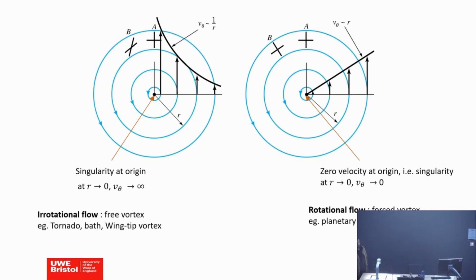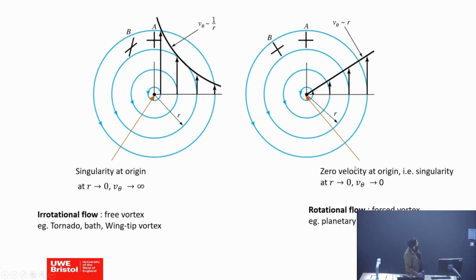That's not physical, so very close to the origin we have a singularity as well. Examples of irrotational flows are things like a tornado, a bathtub flow as the water goes down the drain, and wingtip vortices from aircraft. All can be explained by an irrotational vortex flow.